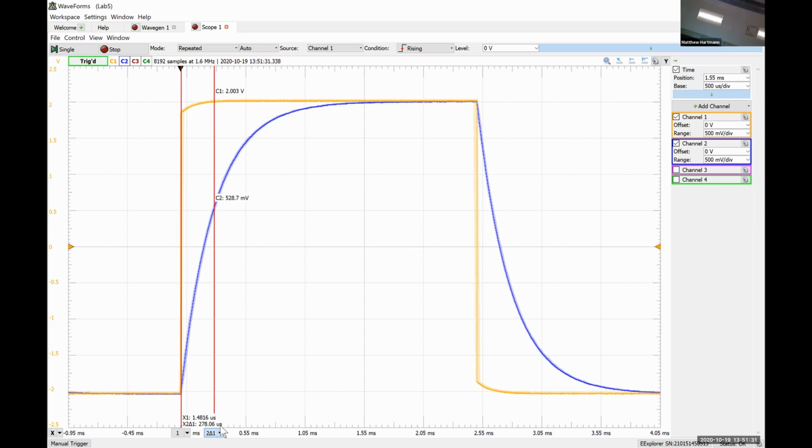If we know tau is equal to L over R, that means our inductor value would simply be tau multiplied by R. So 278.06 times 10 to the minus 6 multiplied by 985 would give us a 273.8 millihenry inductor.